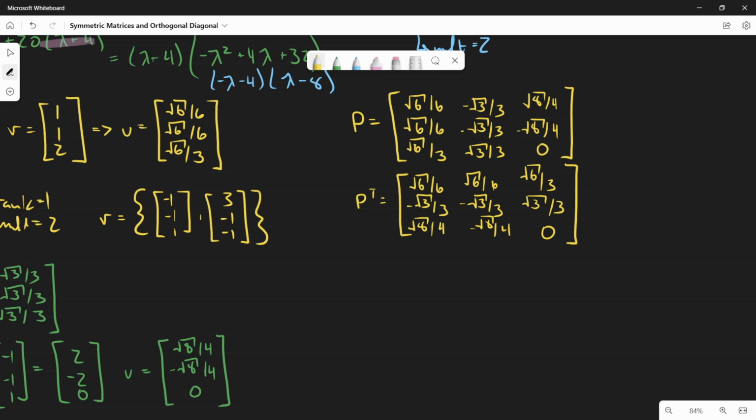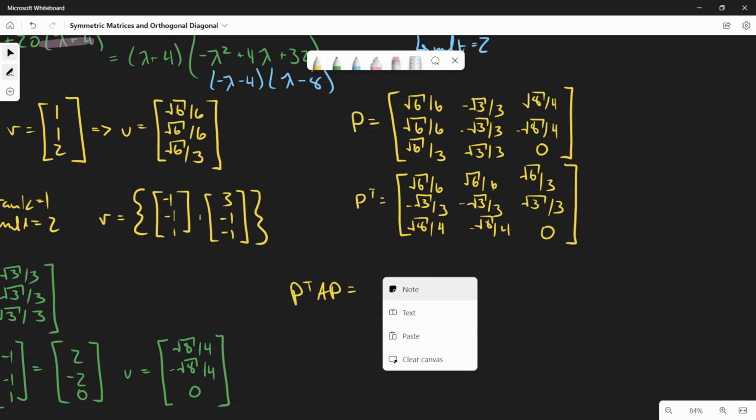And so now when you multiply this out, P transpose A P, as always, we don't do anything with the first one, so it's just pretty much copy and paste.